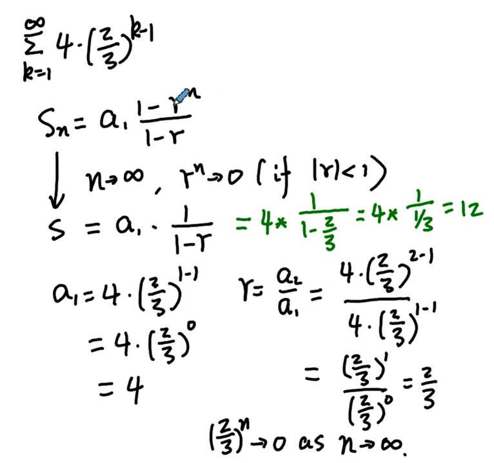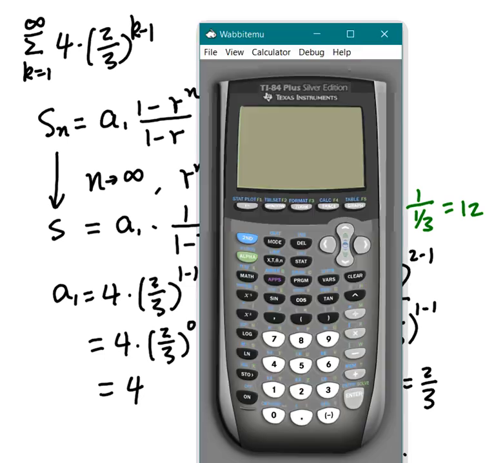Now in this formula, we have a1 and r is 2/3. Then we know when r is replaced by 2/3, when n gets bigger, 2/3 to the n will be very small.